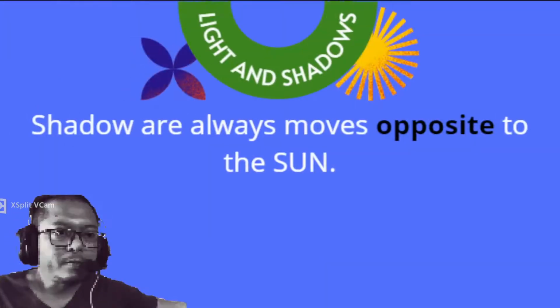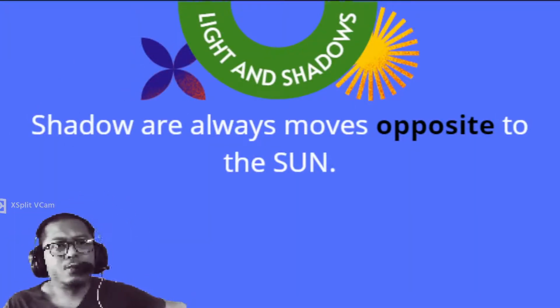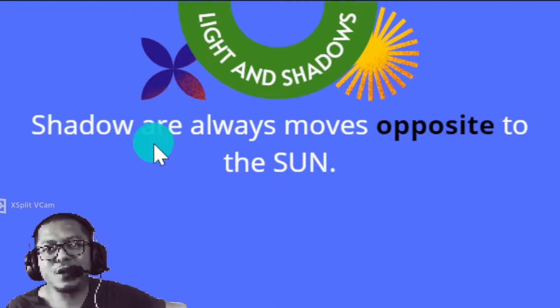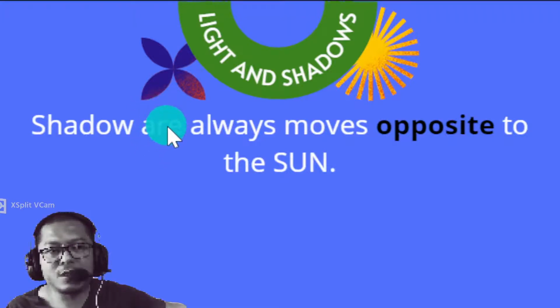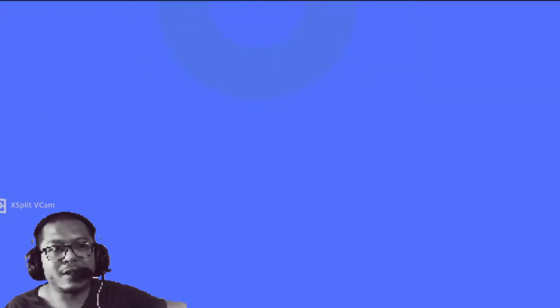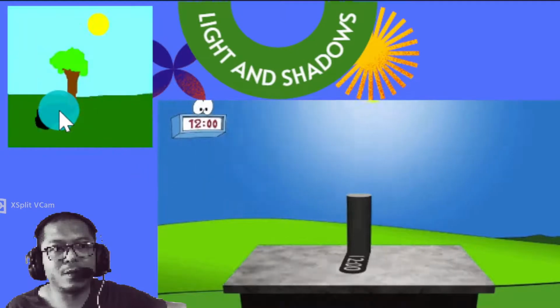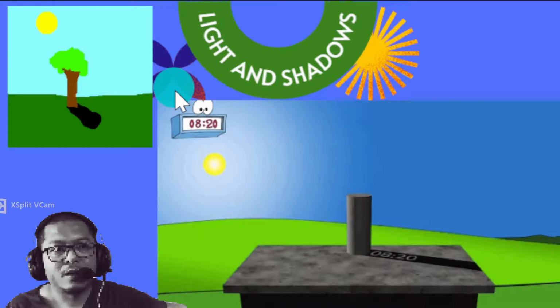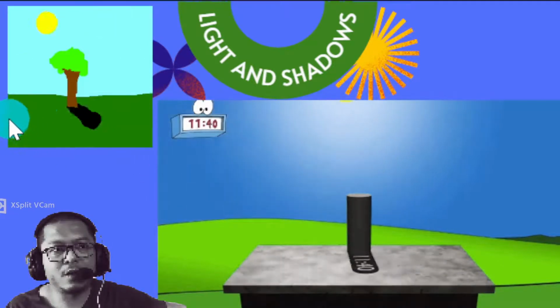Okay, now shadows always move. Shadow always moves opposite to the sun. Opposite means berlawan. Let's check an example here. If you can see this picture, the sun is moving this way, but the shadow is moving the other way.